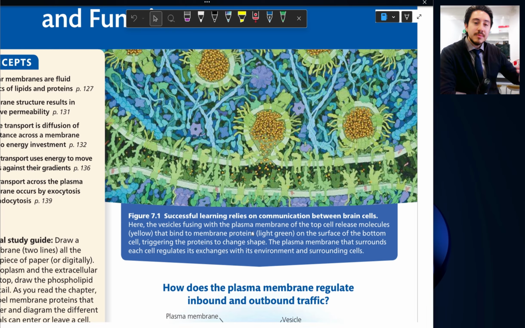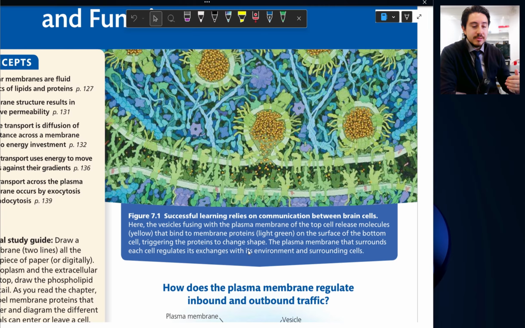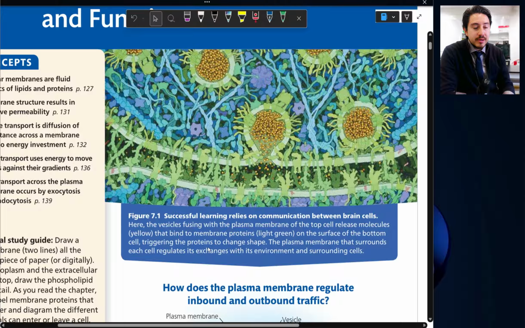That change in shape leads to a sequence of biochemical pathways that will enable the whole nerve cell and brain to essentially trigger learning.